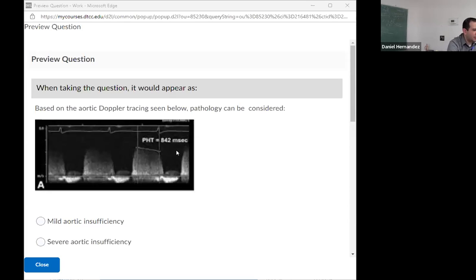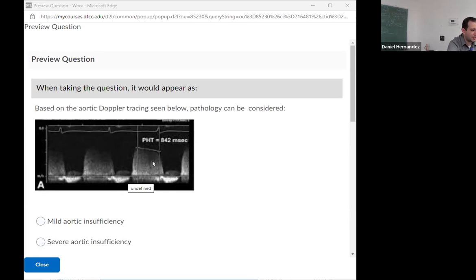So just look at this tracing. This is an aortic Doppler. With our aortic Dopplers, normal flow during systole is going to be below the baseline. When we want to look at aortic stenosis and measure our peak velocities, you would bring your baseline up so you get your full aortic valve outflow velocities, and then you can measure that.